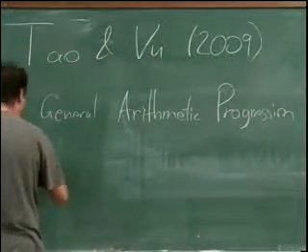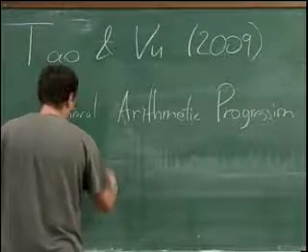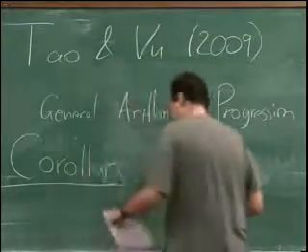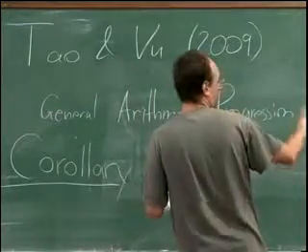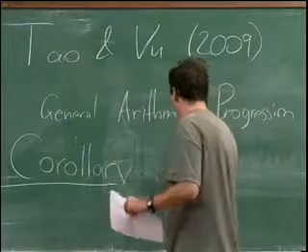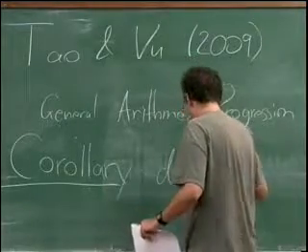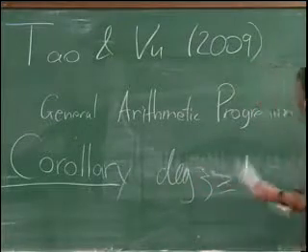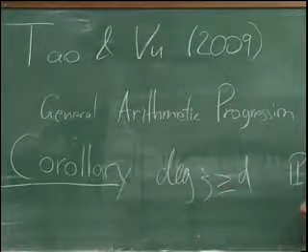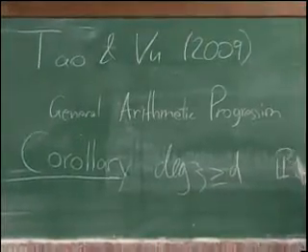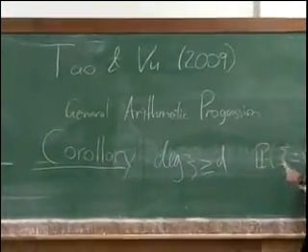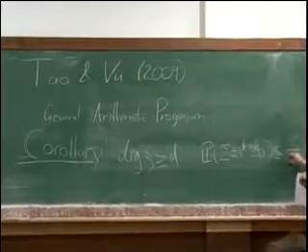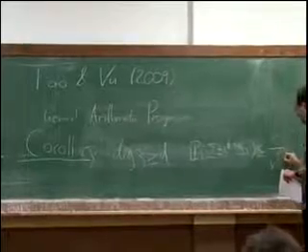But one of the corollaries from that is exactly what I suggested should be true. If the algebraic degree of Xi is bigger or equal to D, then the probability that the sum of plus or minus Xi to the K is equal to 0 is smaller than a constant over n to the d half.